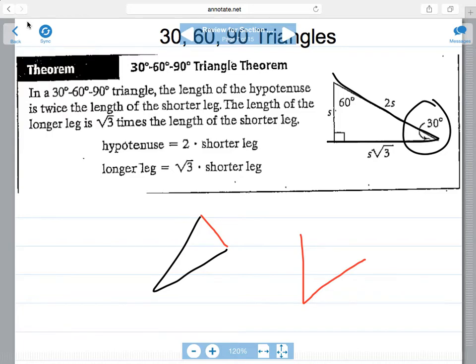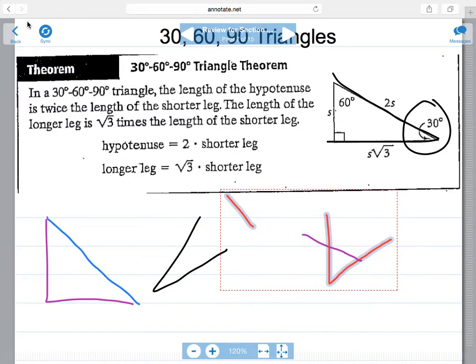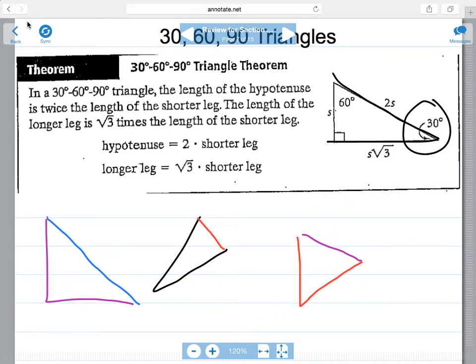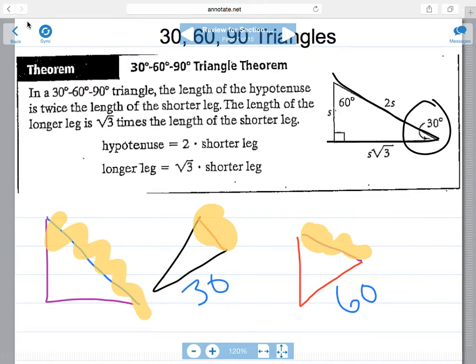Notice how long the segment is that connects there. And if you have a 90 degree angle, that is the longest segment. So if you ever forget, just think of the segment drawing, if that helps. 30, 60, 90: 1, 2, square root of 3.